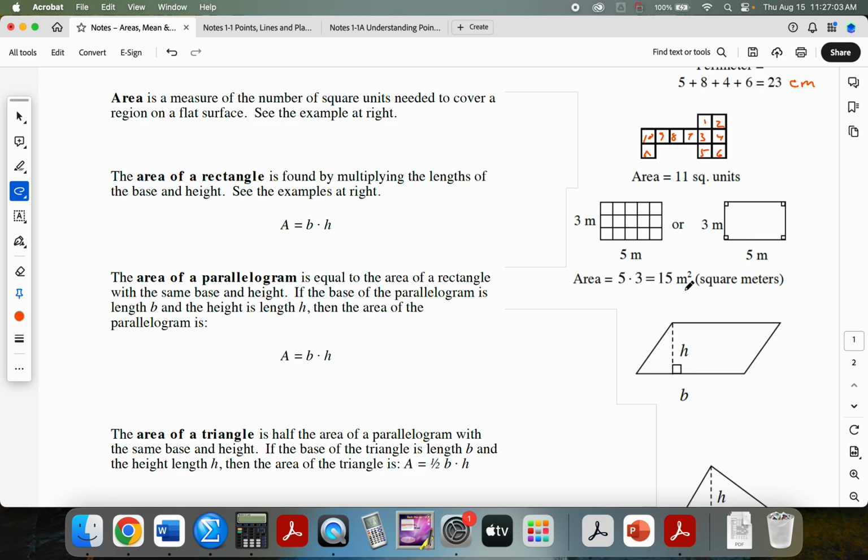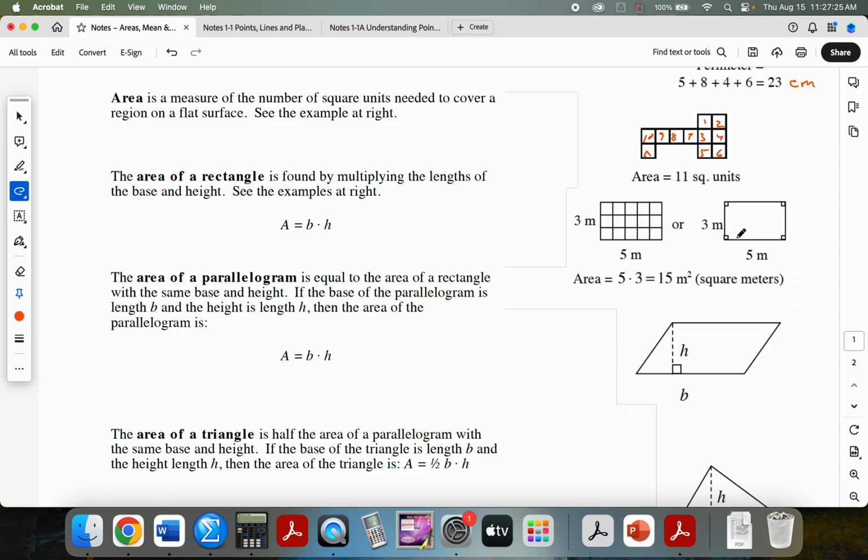People sometimes say meters squared, which actually doesn't make any sense. It's best to say square meters because that lets you know what it is we're doing. It takes 15 squares that are a meter on each side to cover this.